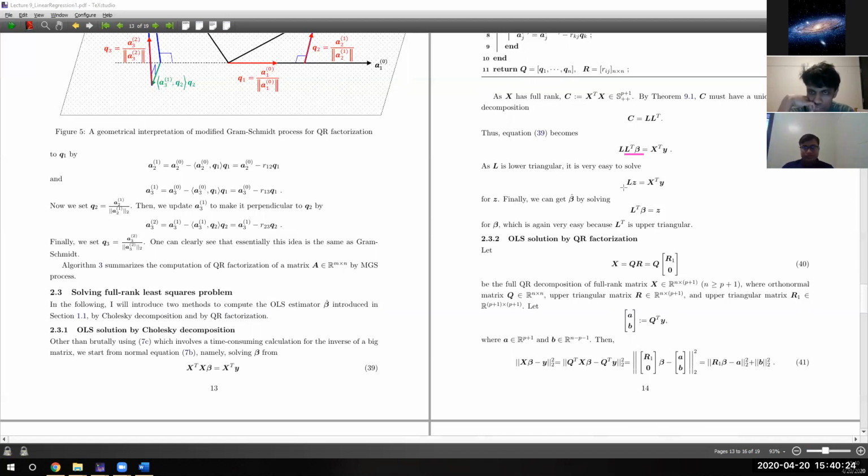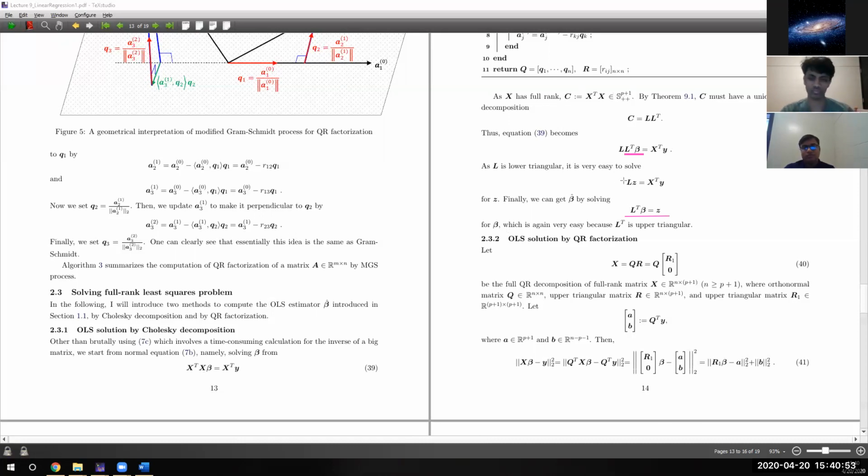Once I solve for Z here, I then solve this equation, L^T beta equal to Z. And again, this is extremely fast. Why? Because L^T is upper triangular. See it? So in this way, we don't have to brutally calculate the big inverse matrix of X^T X. Instead, we run the Cholesky decomposition, and we solve two very simple equations.